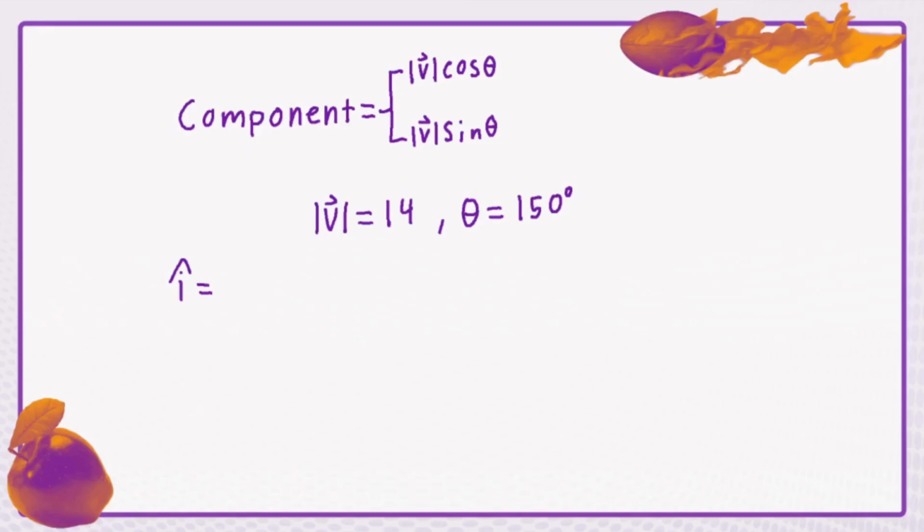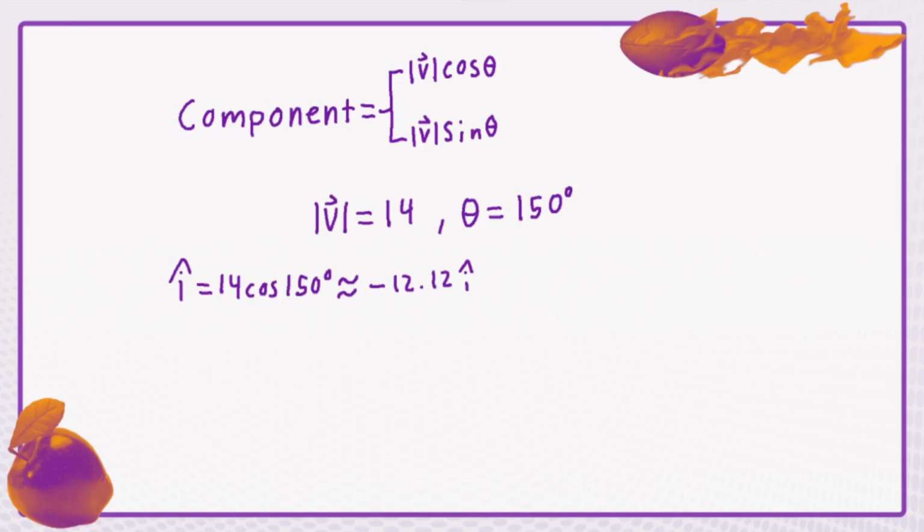So here we have our i component is equal to the magnitude 14 times cosine of theta, which is 150 degrees. If we plug this into a calculator, we get the i component is equal to approximately negative 12.12i.